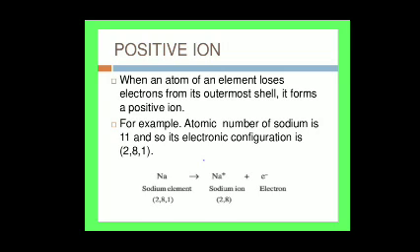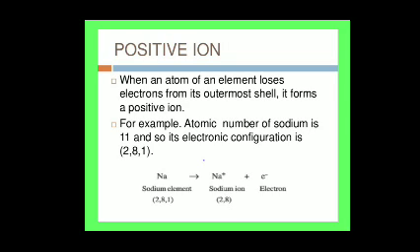It readily loses its valency electron to get the nearest noble gas neon configuration, that is 1s2, 2s2, 2p6, forming a positive sodium ion.